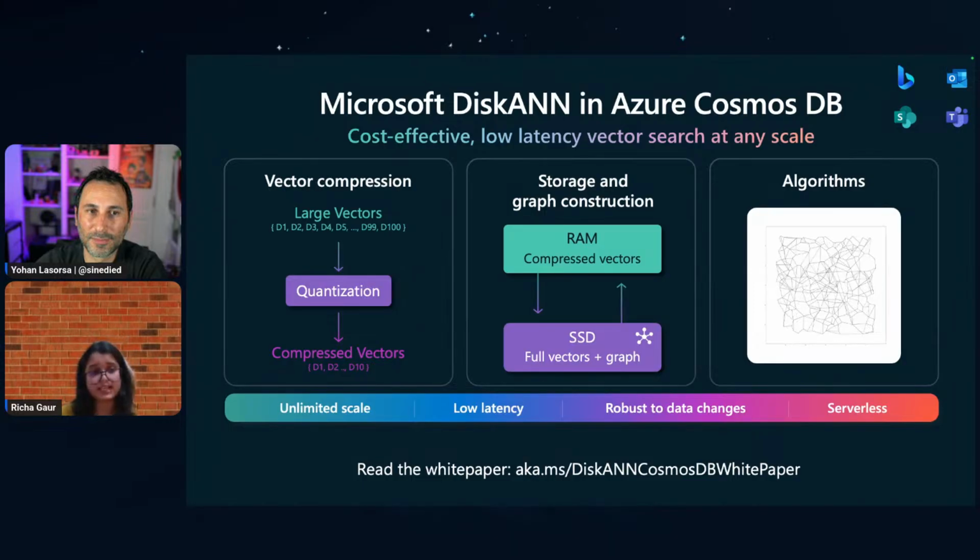So this preserves the performance and accuracy over a large data set compared to other in-memory algorithms. So basically, the capability of vector search with DiskANN allows Cosmos DB to unlock a wide variety of AI use cases.